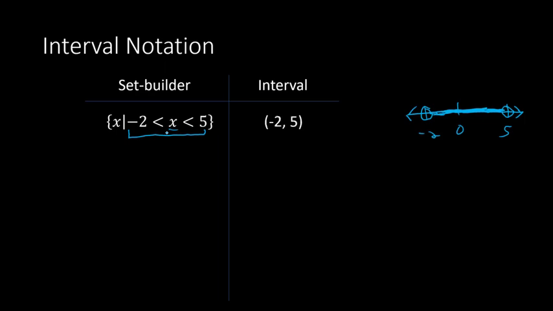And in interval notation, we would write it like this. So we have -2, 5, and the parentheses is kind of the same thing as the open circle. So if you were to compare that with this next example here, where you have -2 is less than or equal to x is less than or equal to 5, that's different because when you graph that, instead it's going to be a closed circle, right?